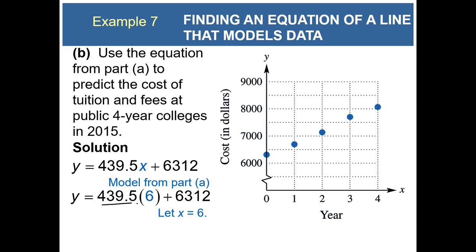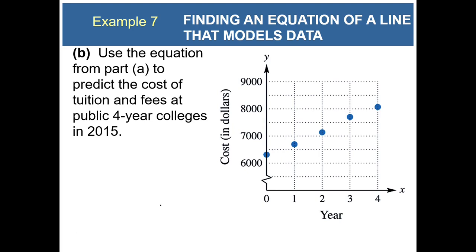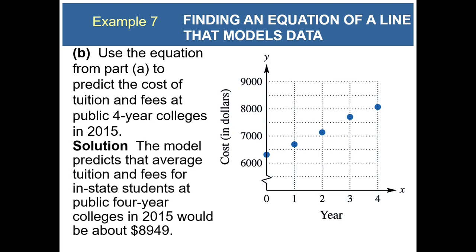Use a calculator to simplify, and y equals 8,949. The model predicts that the average tuition and fees for in-state students at public four-year colleges in 2015 would be about $8,949.